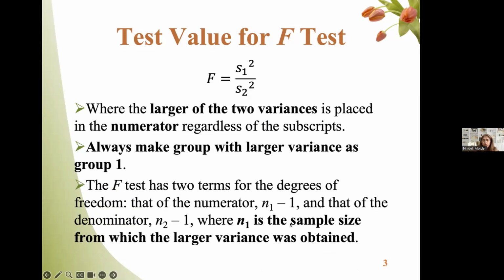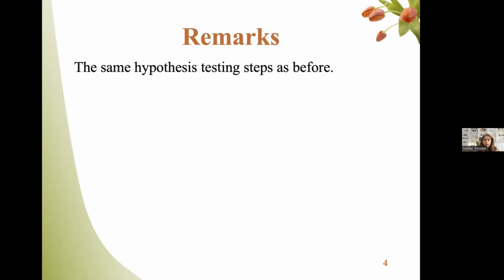Remember, n1 is the sample size for which the larger variance was obtained. Again, the 3 bullets basically say pick group 1 as the group with the larger variance. The same hypothesis testing for the p-value method applies here.